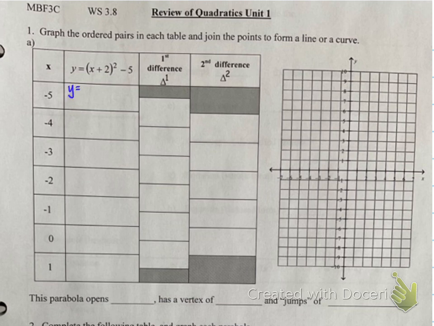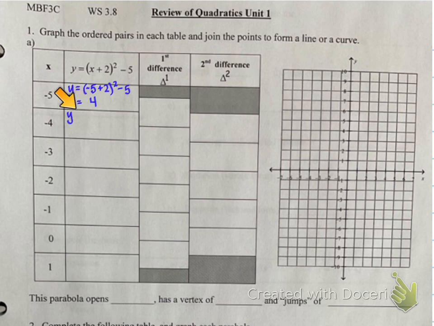So it would be y equals (-5 + 2) squared minus 5. And what you would do is type this into your calculator exactly as you see it. When you plug it in, you will find out that y will equal 4.